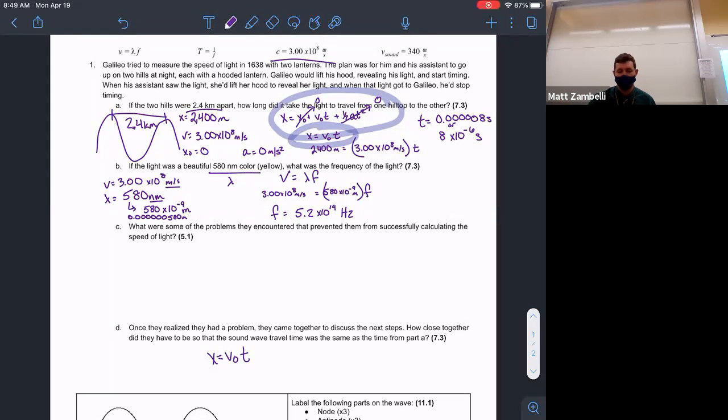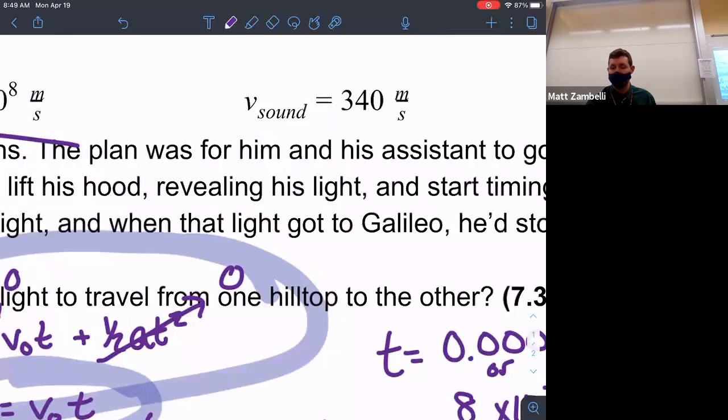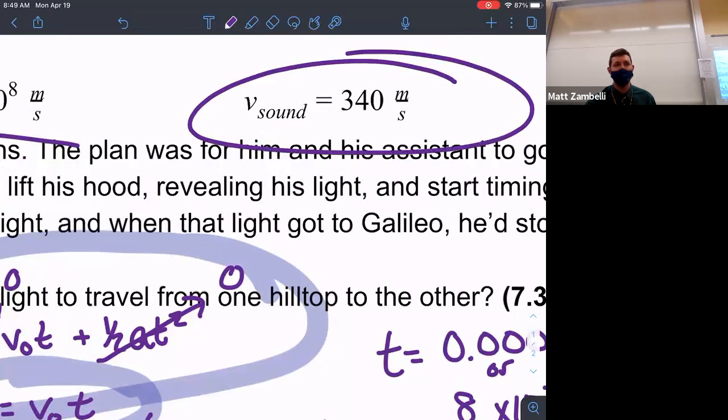What's t? 8 times 10 to the negative 6 power. Awesome. And what is v going to be for this problem? 340 meters per second. So this time we're talking about sound, which means we're using the velocity of sound waves.